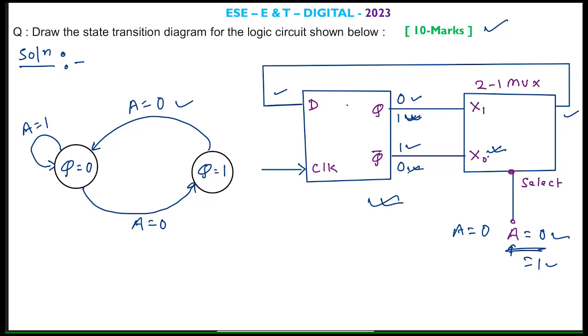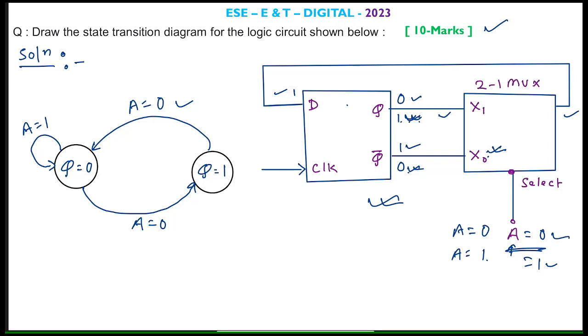Now if Q is 1 and the A input is 1, what will happen? If A is 1, the mux selects the line X1, which has the input 1. This 1 passes to the D input, so D will produce 1 itself.